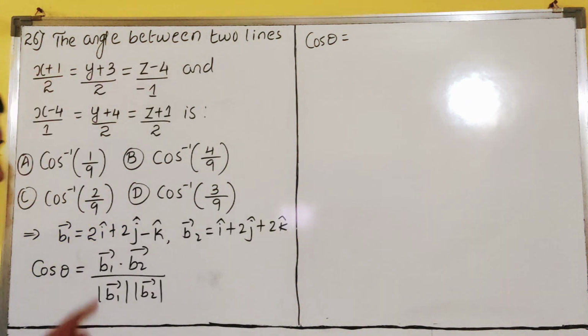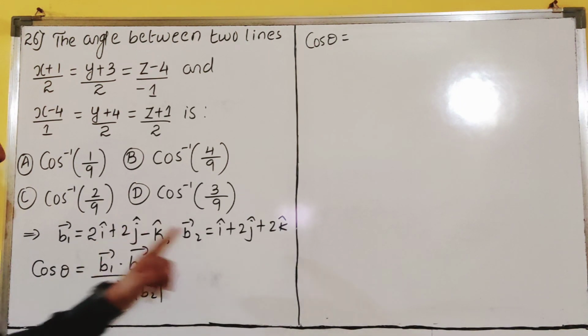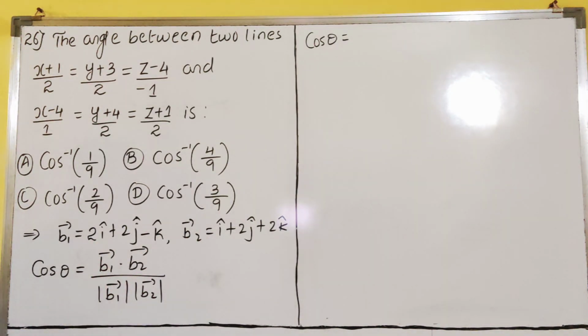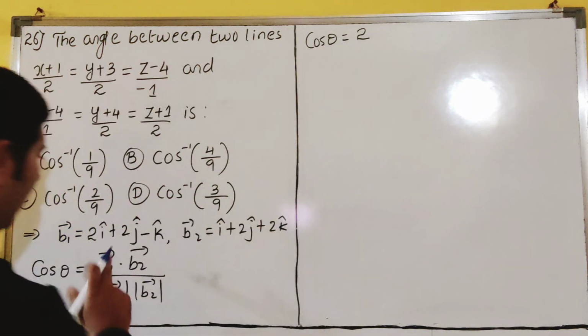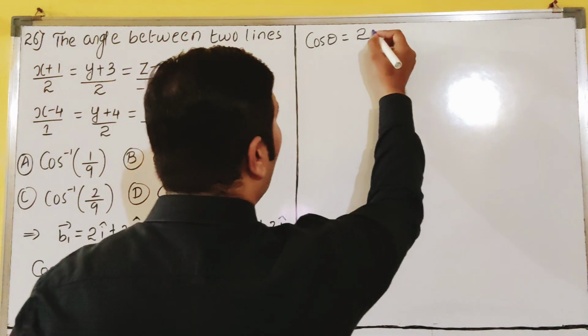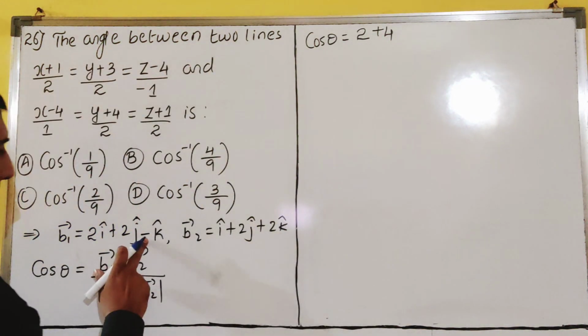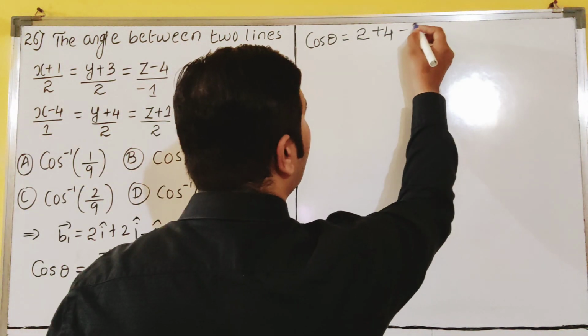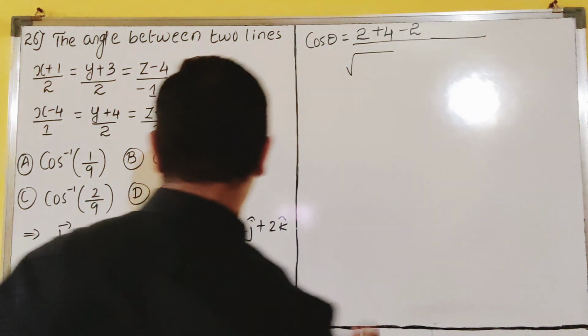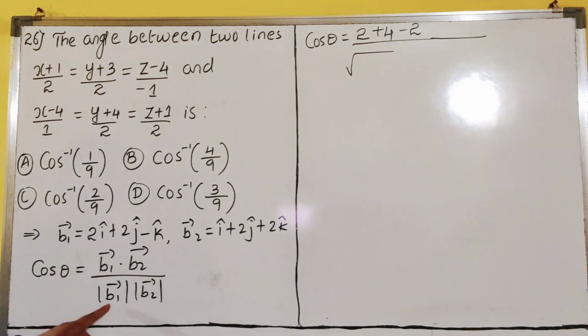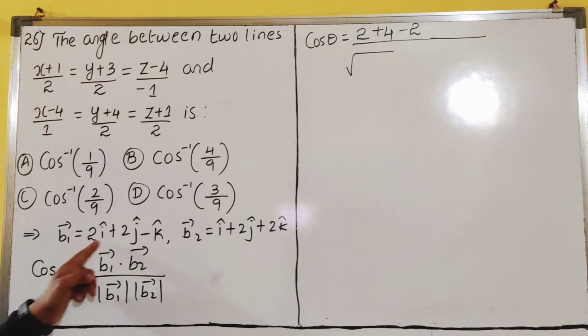Dot product I will directly multiply: 2 ones are 2, 2 twos are 4, minus 1 into 2 is minus 2. So the whole is divided by the square root of, we have to find here the magnitude of this. So magnitude of b1 means square root of x square plus y square plus z square. x square means what?